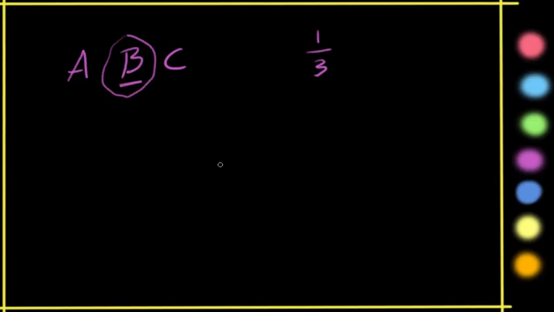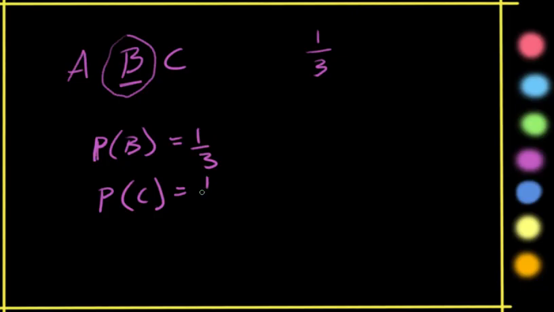Now, one thing that can happen is they can ask you what's the probability of B or C. The probability of B we said is 1/3, and the probability of C is 1/3.